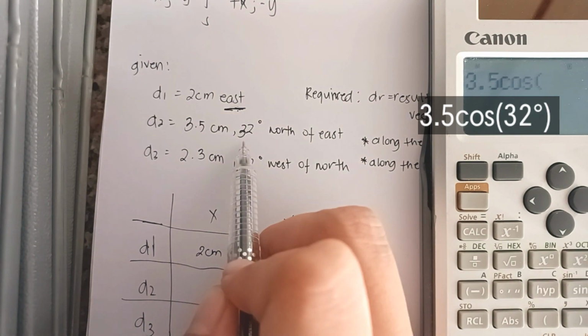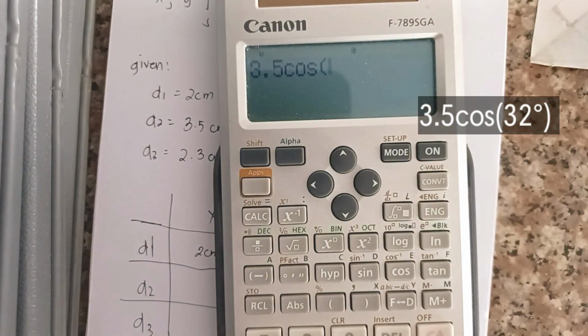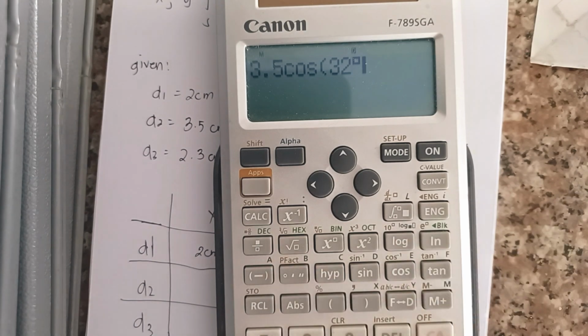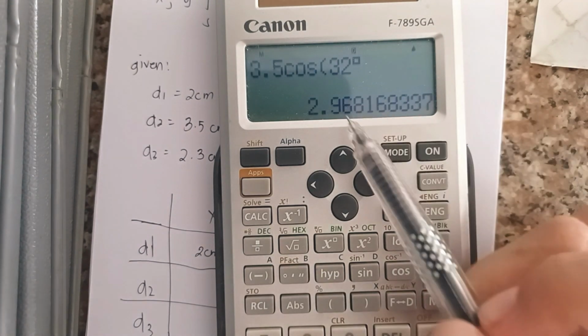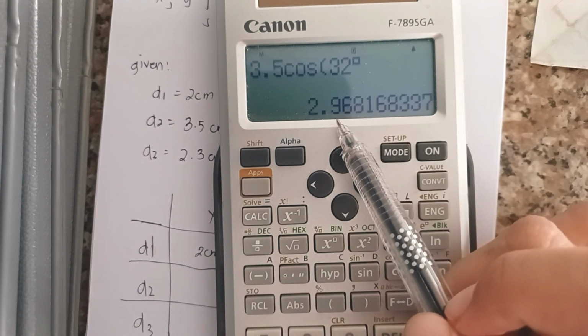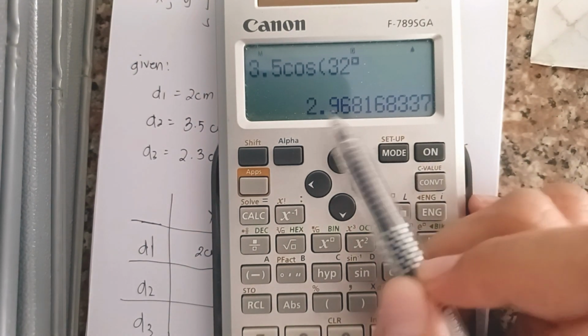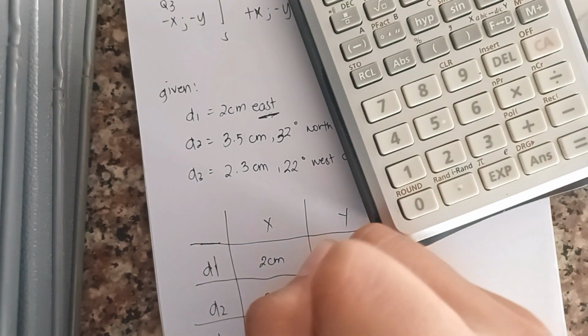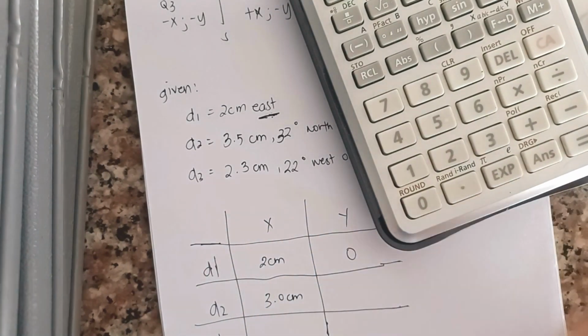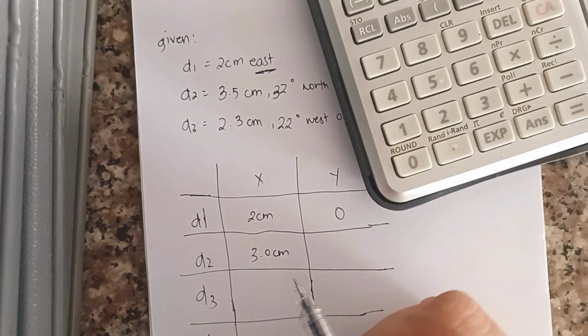So, in this case, we have 32 degrees. So, 32 degrees equals, we have 2.9. So, mag-round up tayo. Okay? 2.9 magiging 3. Okay? So, we have here 3.0 cm or 3 cm.